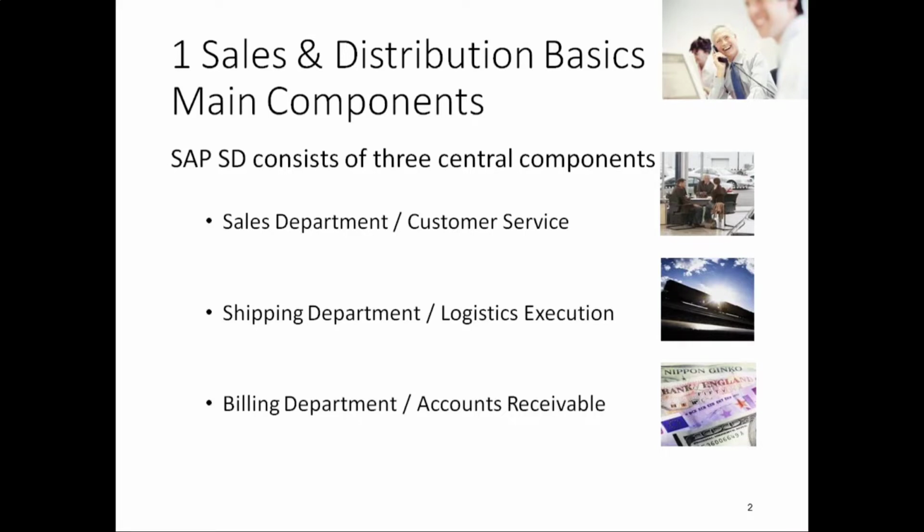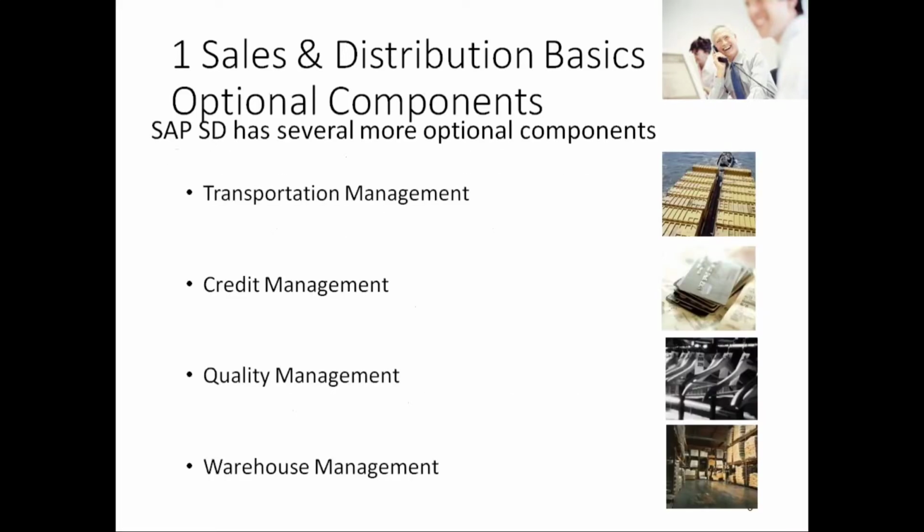Apart from these three, we have something called optional components: transportation management, credit management, quality management, and warehouse management. Some of these are part of the sales and distribution central component, but not everything.